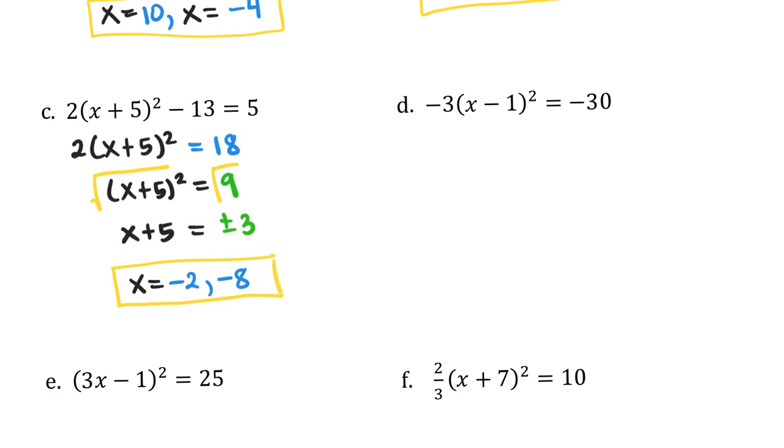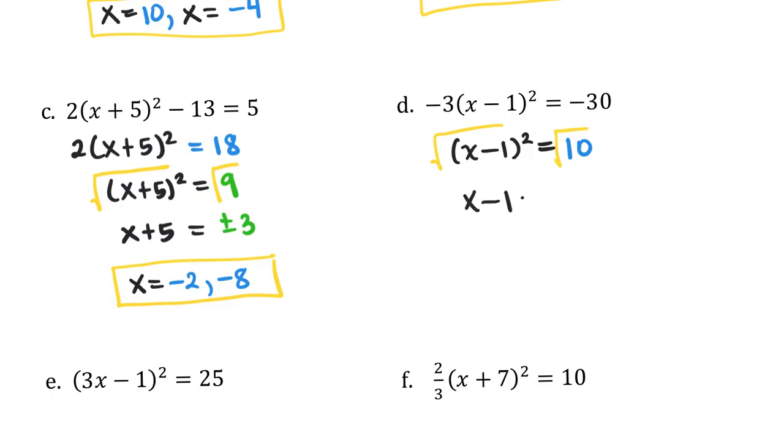Okay, let's look at D. Okay, I see this is the thing being squared. I don't want this here, so I'm going to divide by negative 3. If I do negative 30 divided by negative 3, I get positive 10. Are we ready to square root? Yep, we are.